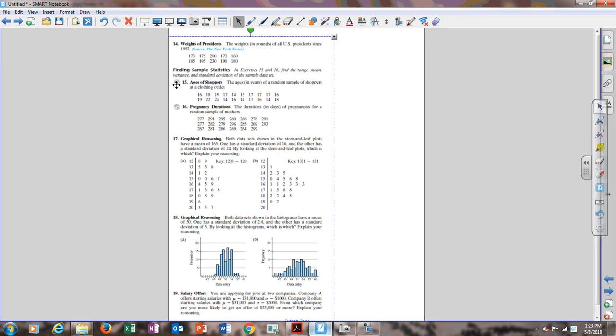Now this is a random sample of shoppers, so we're going to use Sx instead of sigma, so it will be 2.59 or 2.6. So then you do 2.6 squared, gives you 6.76.